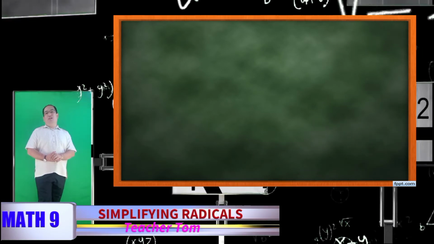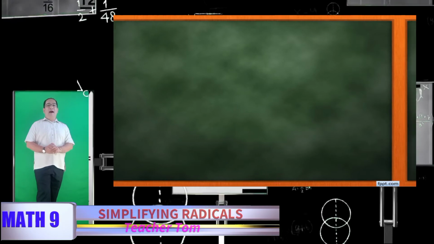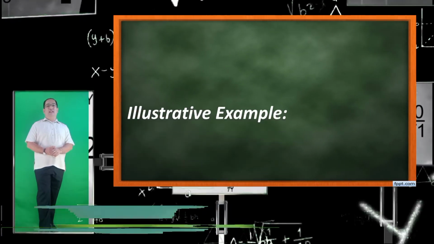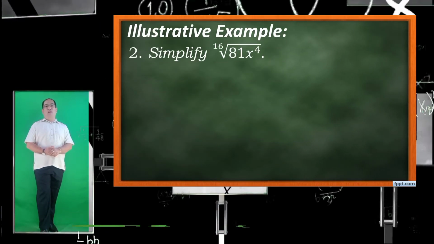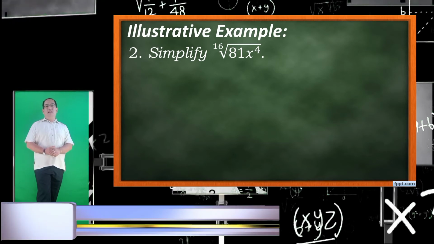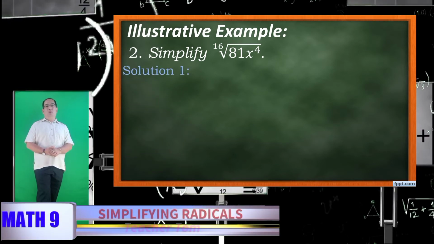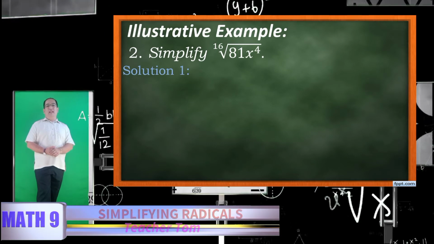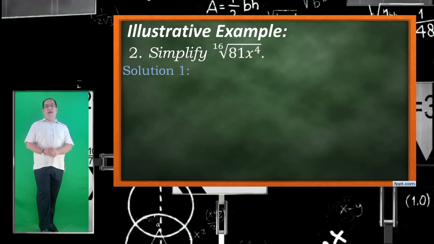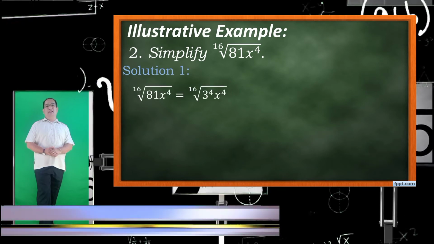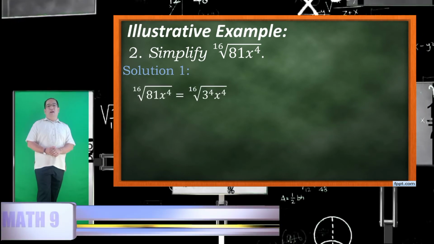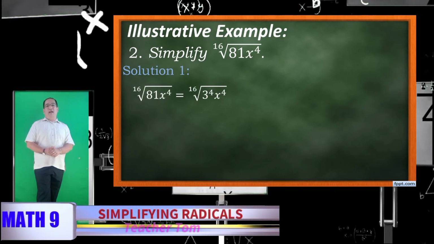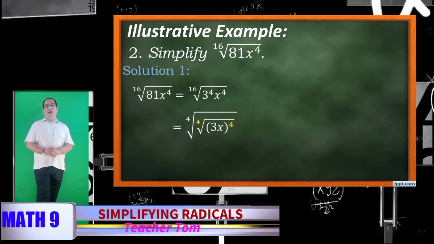How about example number 2? Simplify the 16th root of 81x to the 4th power. So let us consider solution number 1. So 16th root of 81x to the 4th power can be expressed as 16th root of 3 raised to the 4th power and x to the 4th power.